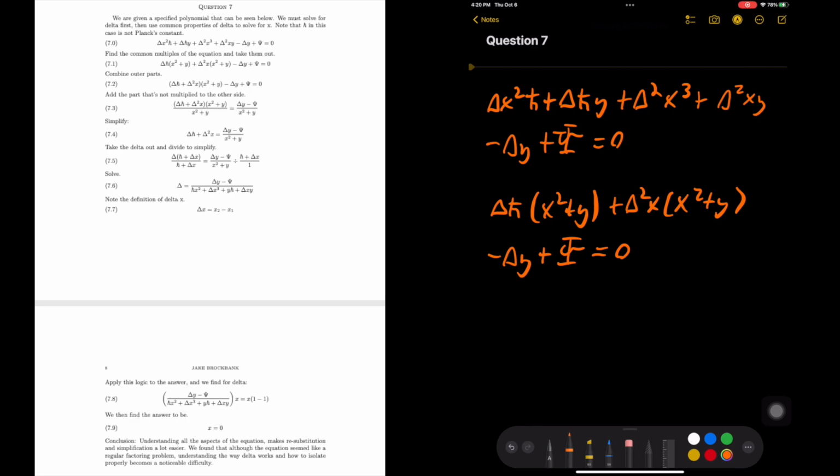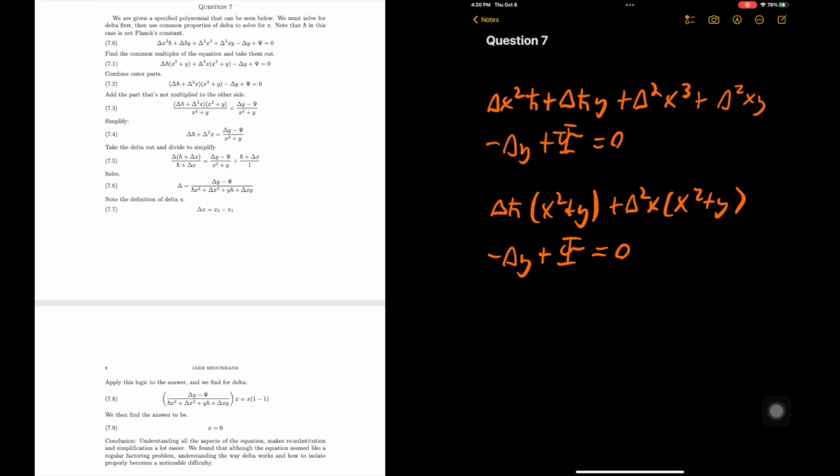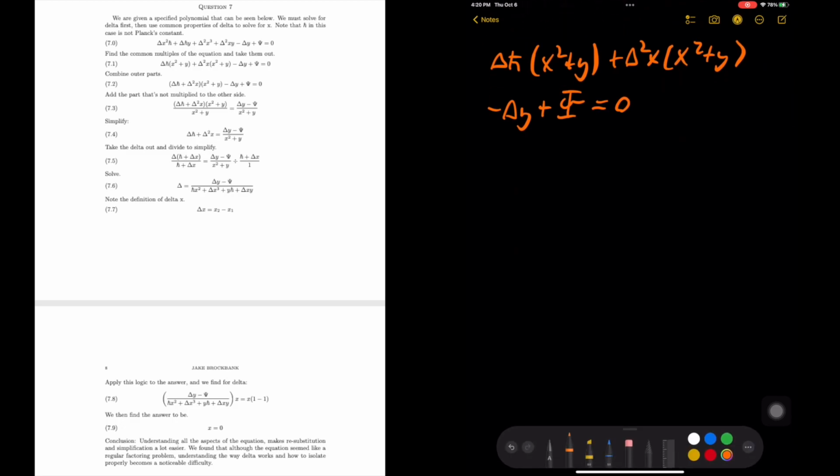So we can combine these outer parts. Namely, we have delta h bar plus delta squared x multiplied by x squared plus y. And same thing, we have minus delta y plus capital psi is equal to 0.